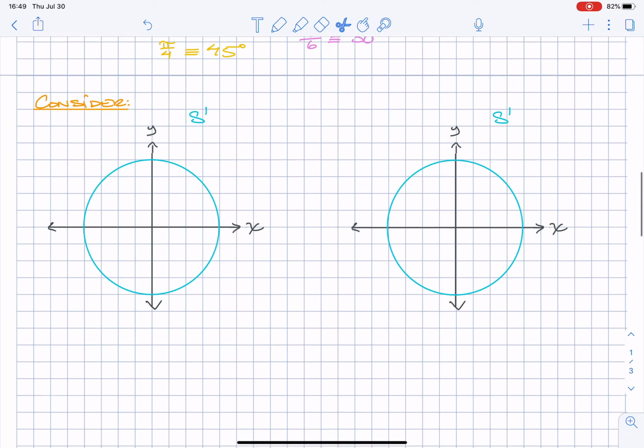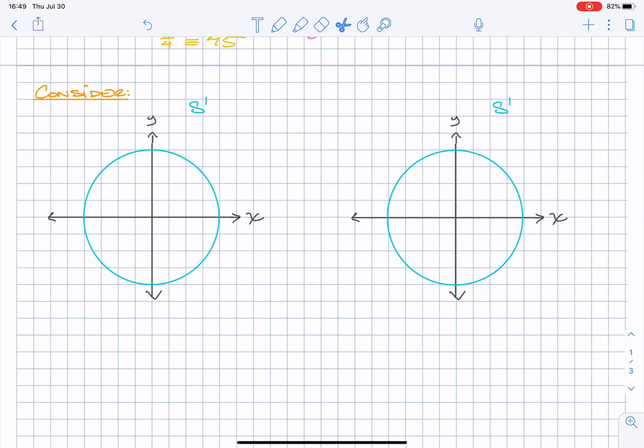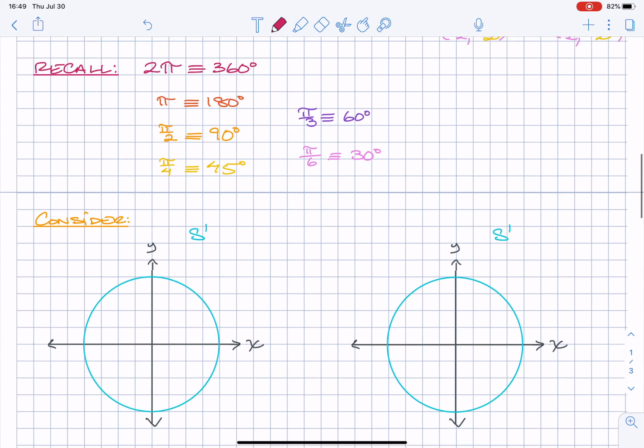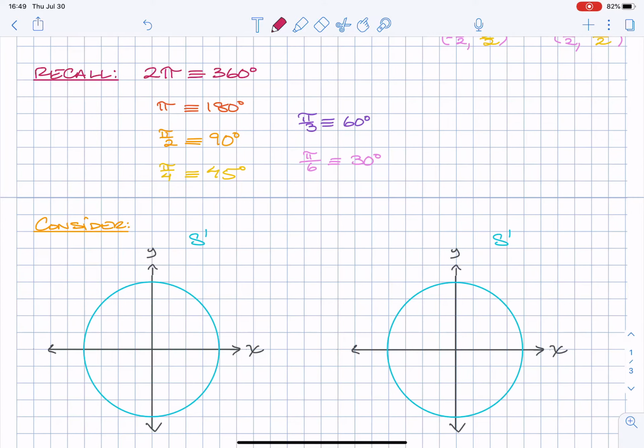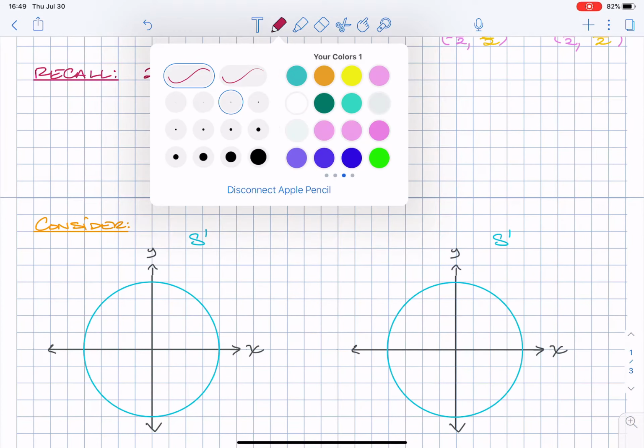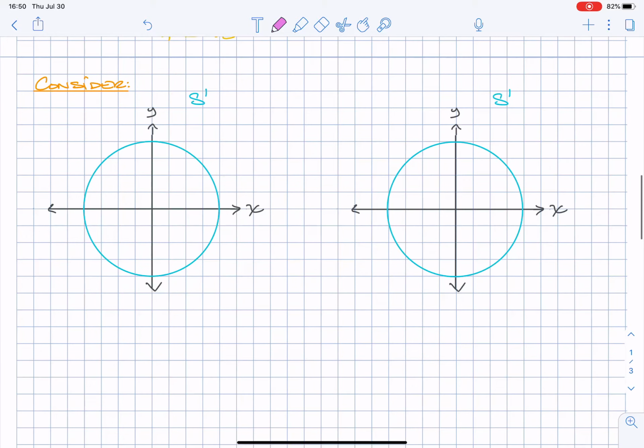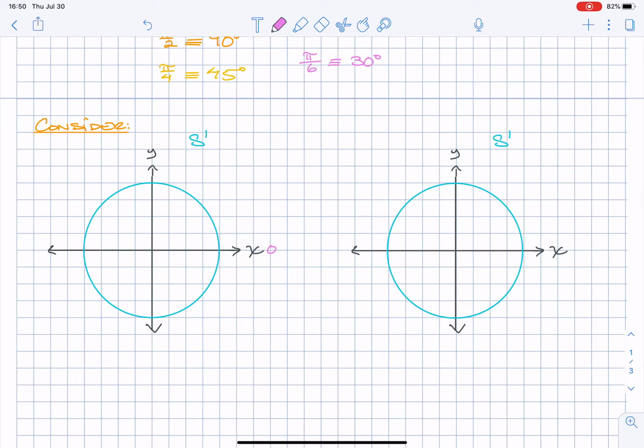Okay. So first what I'd like to do is count up by multiples of 30. So we're starting at 0. Now if I go to 30 degrees, which I know is equivalent to pi over 6 radians.